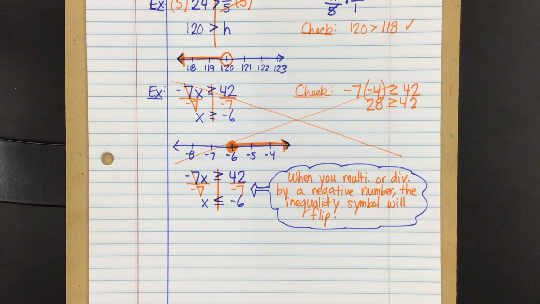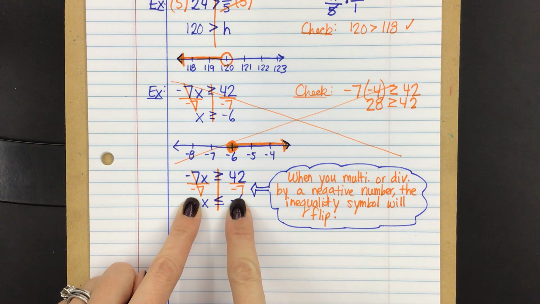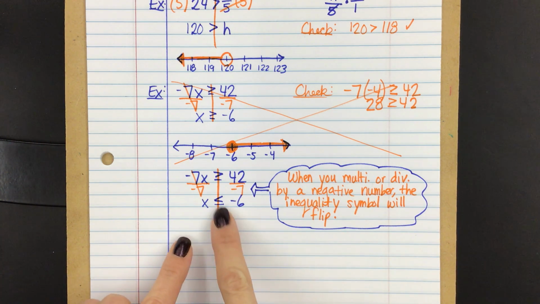So I want to make sure we're super clear. You're not going to flip it if there's a negative somewhere in the problem. You're not going to flip it if you multiply or divide both sides by a positive number. And you're not going to flip it if you add or subtract both sides with a negative. Okay? It's only when you multiply or divide both sides by a negative that sign flips.